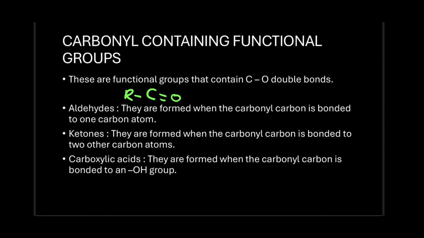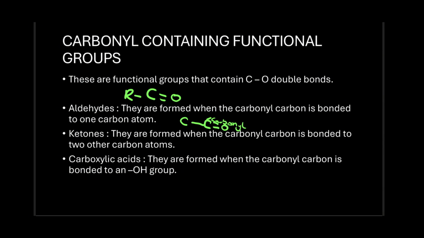What do we mean by this? We know this to be our carbonyl functional group, and then the carbon here is our carbonyl carbon. So we said aldehydes are formed when this carbonyl carbon is bonded to a single carbon. So this gives us an aldehyde.